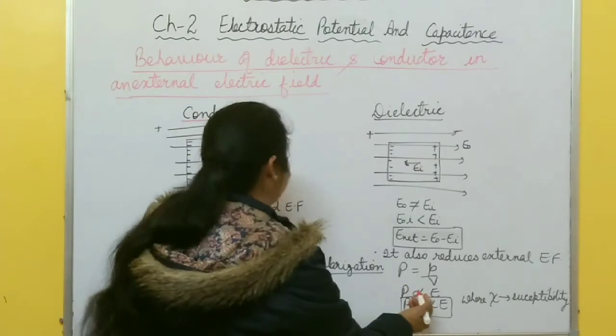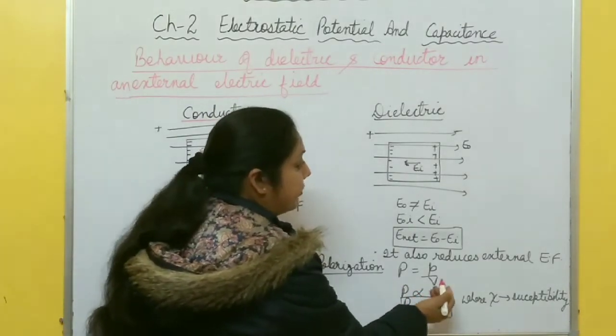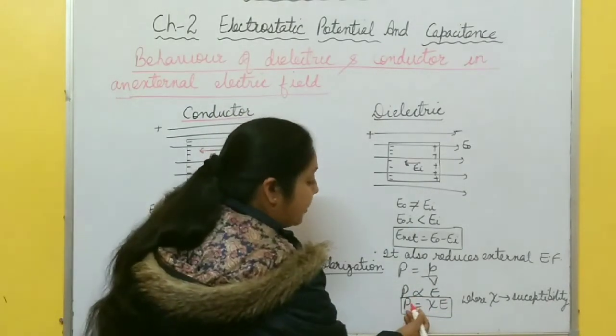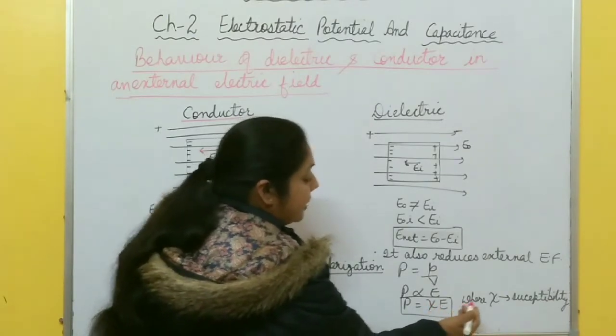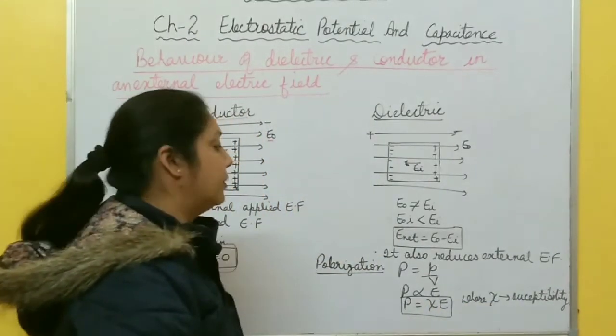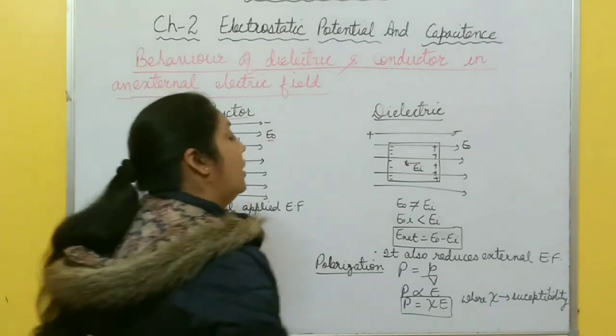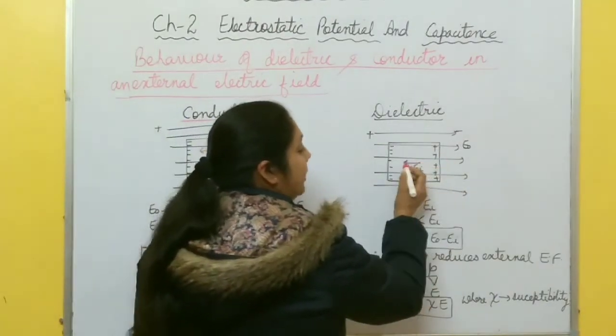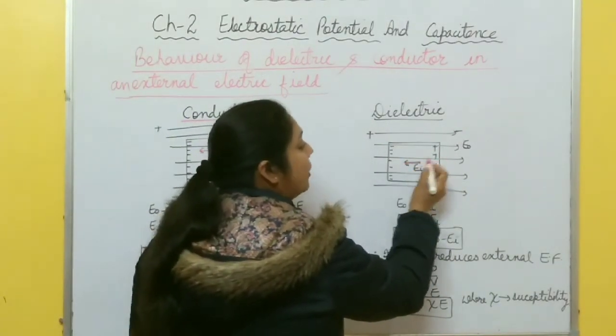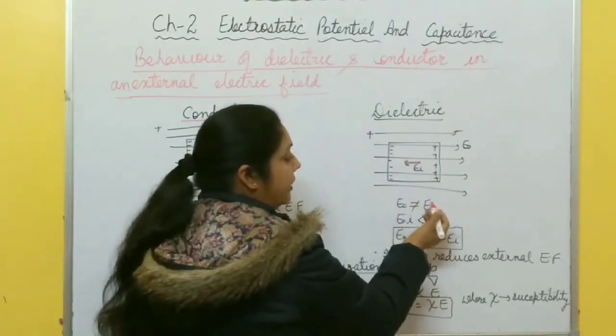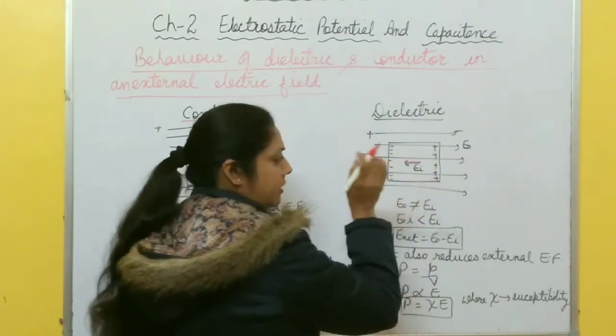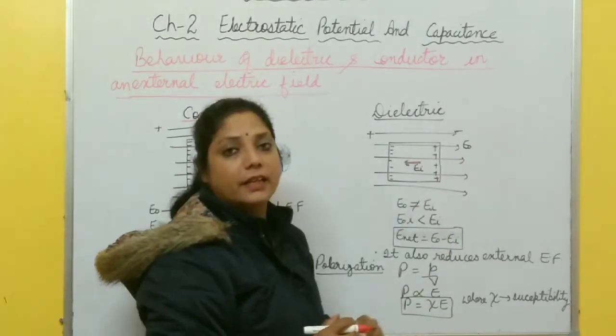And this polarization increases when the electric field increases. So this polarization is equal to chi E. Chi is called the susceptibility of the medium. Okay. Now here what happens? E induced is not equal to the external electric field. This is always lesser than the external electric field.